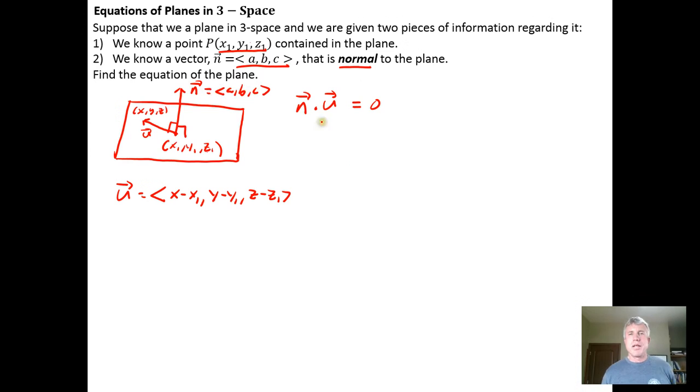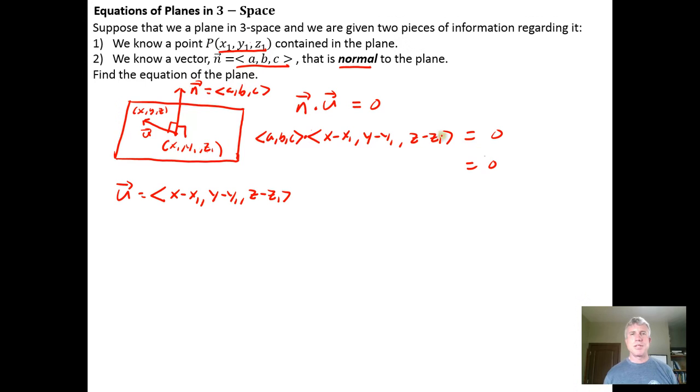So this means that u and n must be perpendicular to each other, so the dot product of a, b, c with x minus x1, y minus y1, z minus z1 has to equal 0.